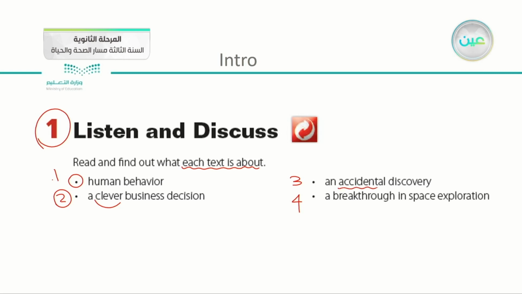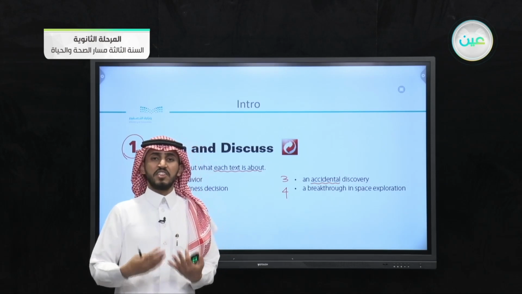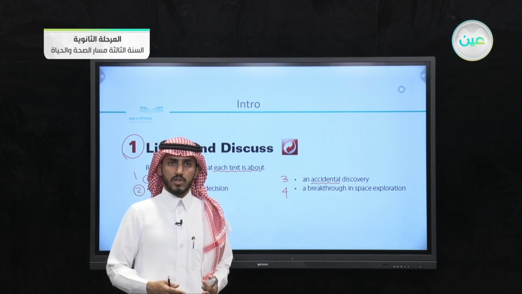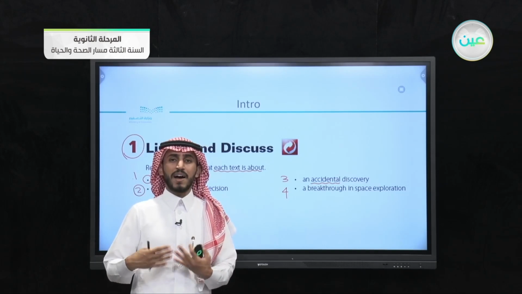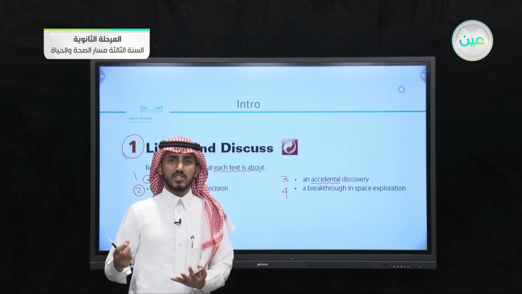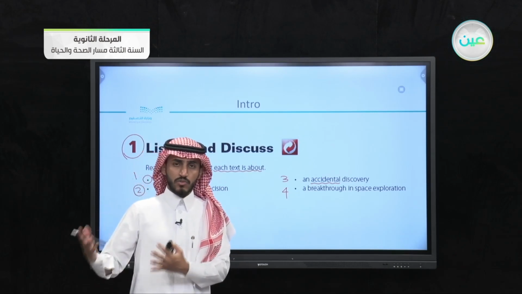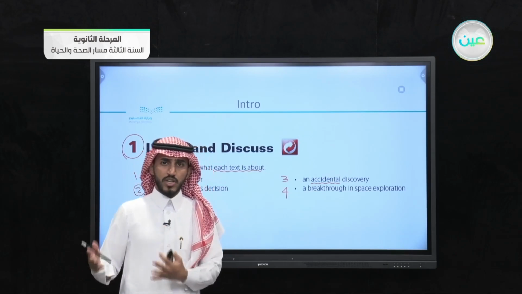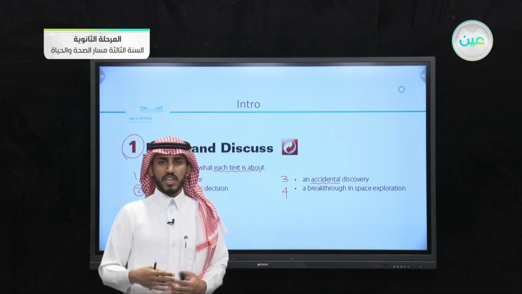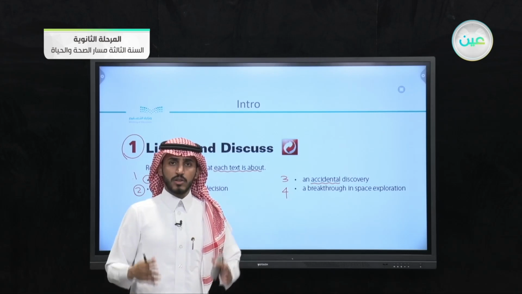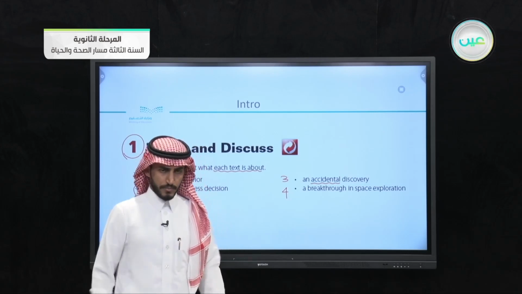The word accidental means something wasn't intended in the first place. So let's say that you are going somewhere and by accident you find something else that you didn't think about, and you explore or discover that thing. This is called accidental: something you haven't planned for, but you managed to find.